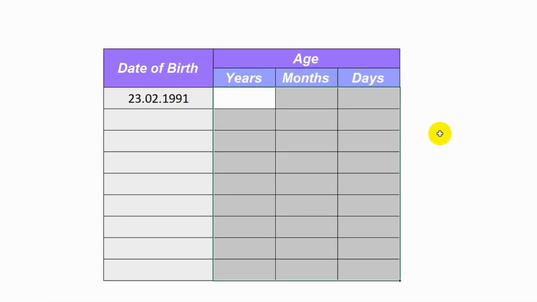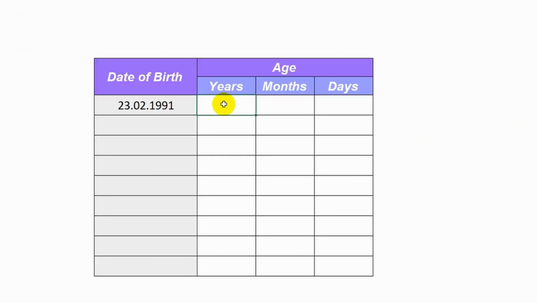Now let's move on to the calculations. First, we will find out the age of a person in years. I type an equal sign and then write the word dateDiff. Unfortunately, the program does not offer me an option for autofill in this case, but there is no need to worry because the function itself works without any problems.